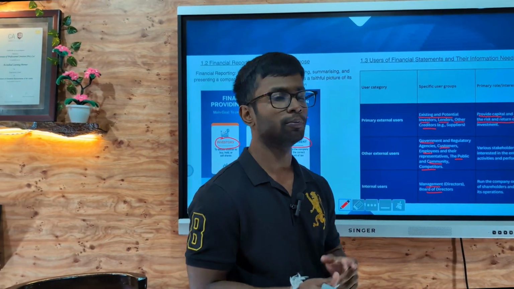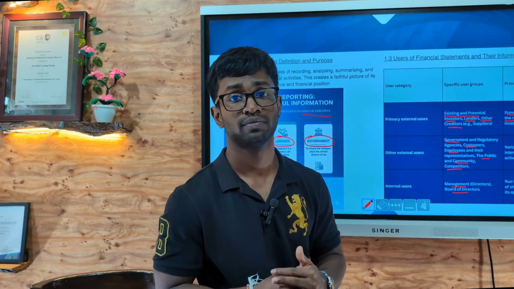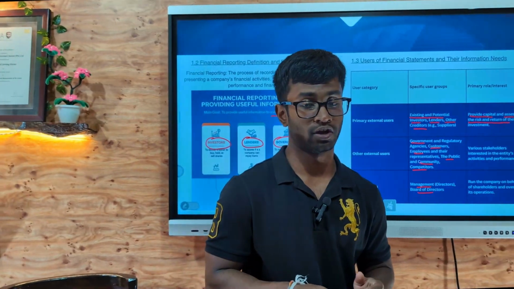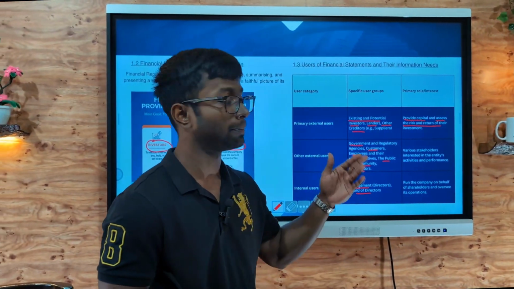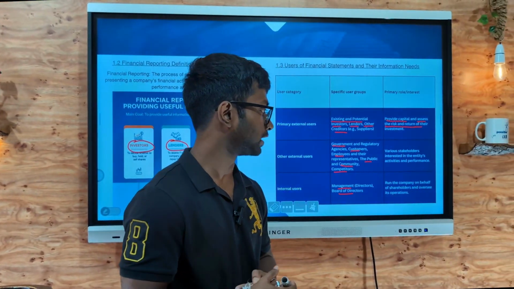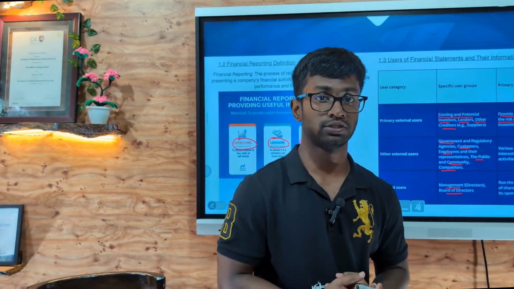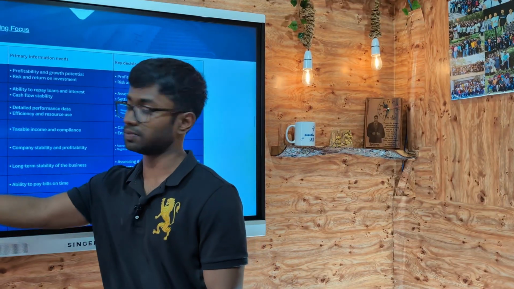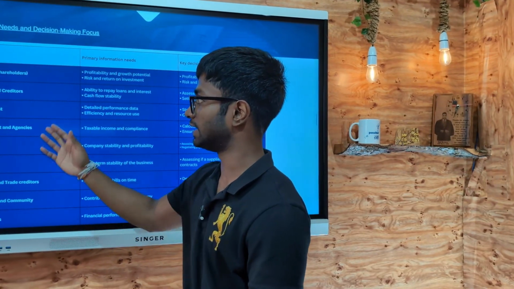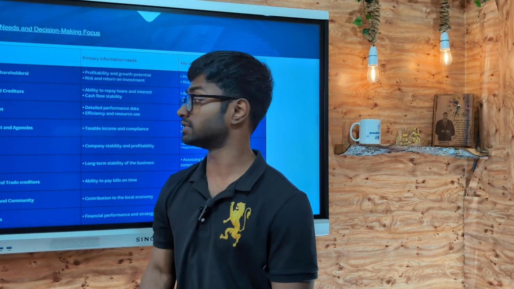So I hope you understood the different users that you have over here when it comes to an organization and their primary roles. Then we can move on to our next section. So we have different user groups such as your investors, lenders, management, government, employees, customers, suppliers, public, and the competitors.